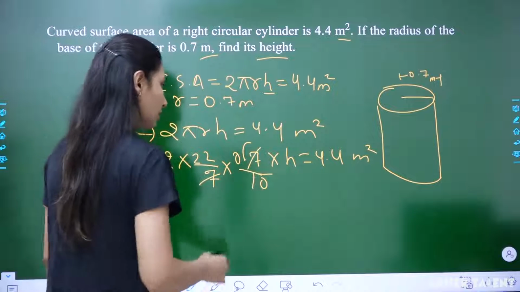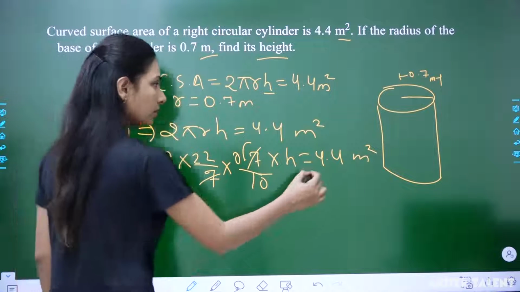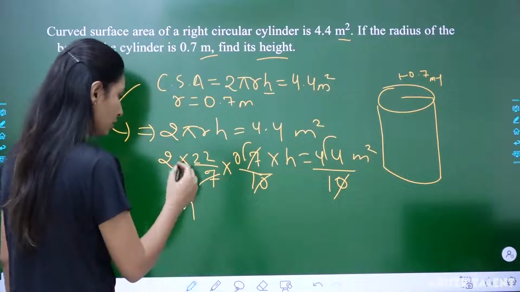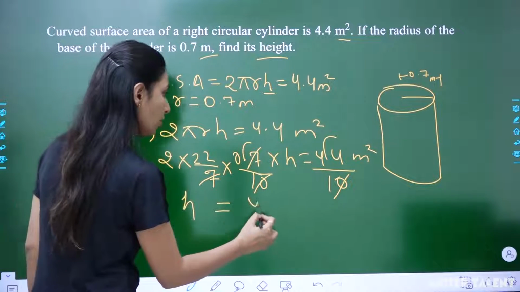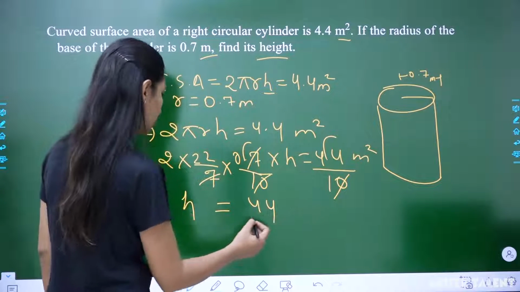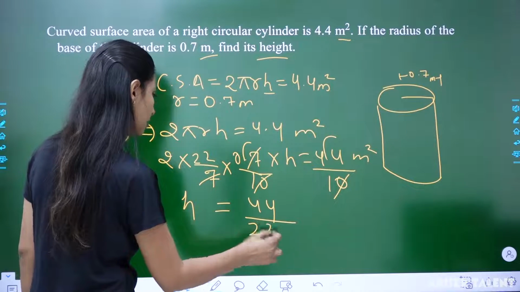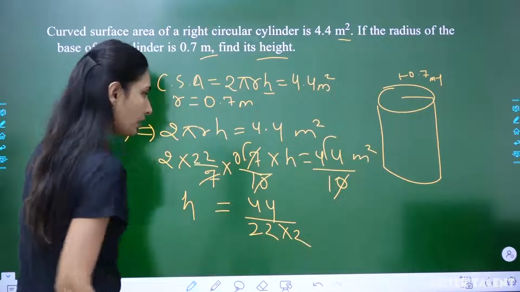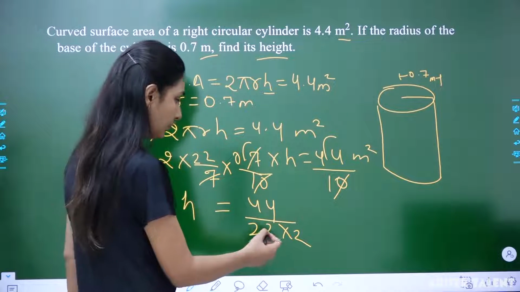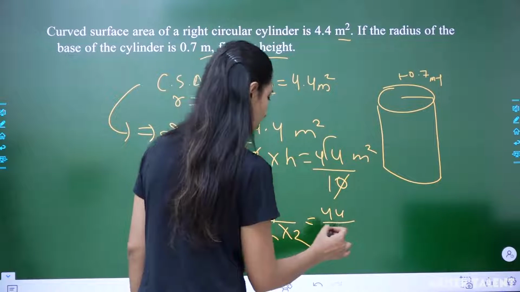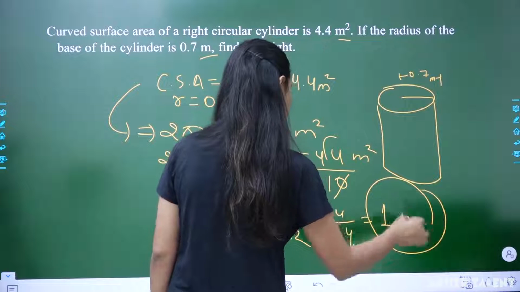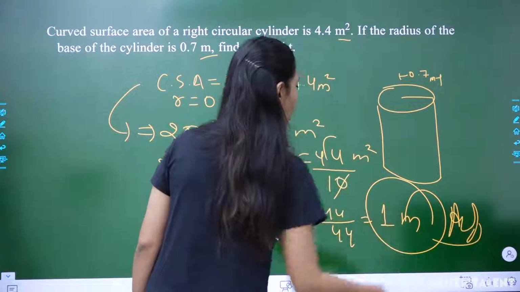So you'll be getting H equals 4.4 here, and this will go down there, 22 multiplied by 2. So that will be 44 by 44, which equals 1 meter. That is the answer.